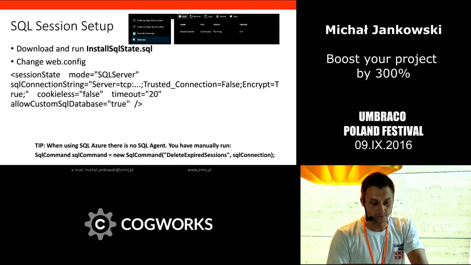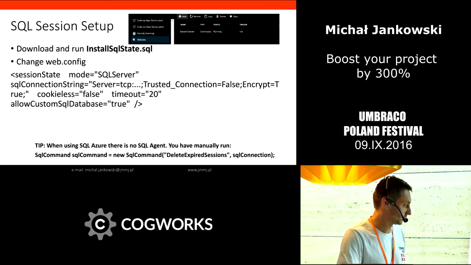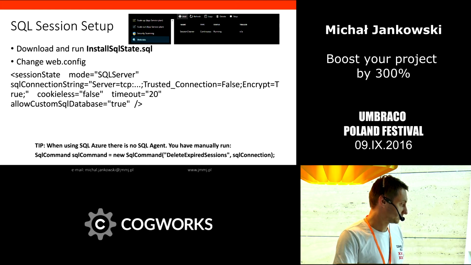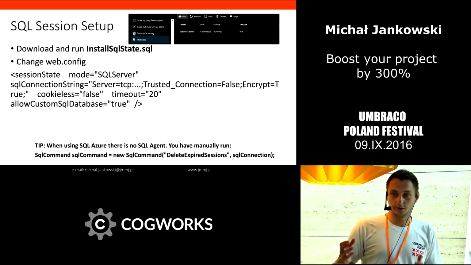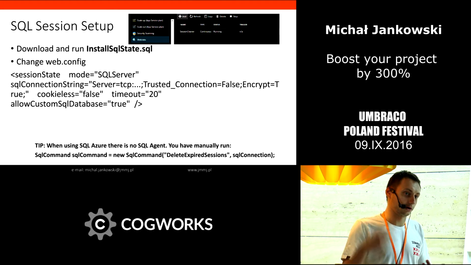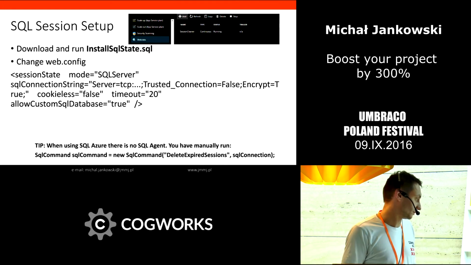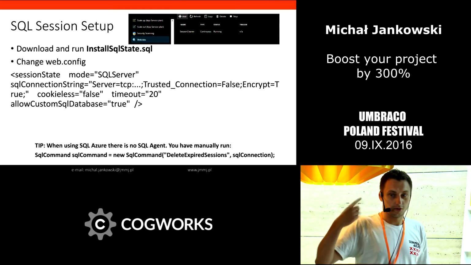But there's one big thing you should remember, because we don't have an on-premise scheduler, this tip here. You need to run this SQL command somewhere, because the session will grow and will never clean up, because we're running on Azure, we don't have tasks. So we can use an Umbraco feature just to do the task, or put a simple command up, just running this command all the time.